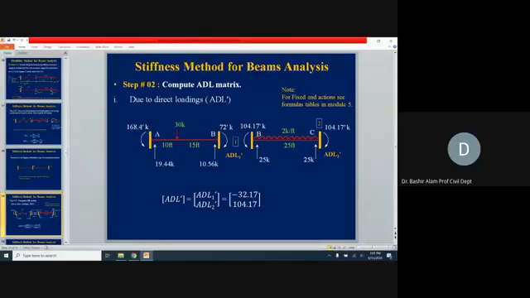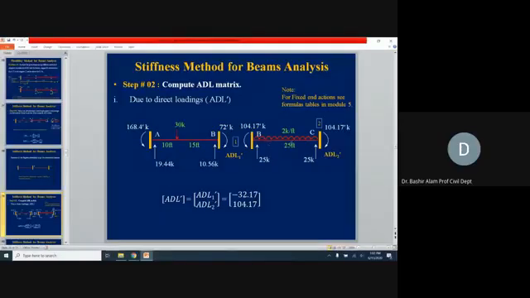It is 168.4 minus 72, and it will be in the counterclockwise direction. Whatever value you get, you need to divide it by the span, which is 25, and apply it as the balancing couple, which will be in the clockwise direction. Whatever balancing couple you get, you will have to add it up with the reactions you found for the simply supported condition, and the resultants are going to be 19.44 and 10.56. These are the support reactions now.